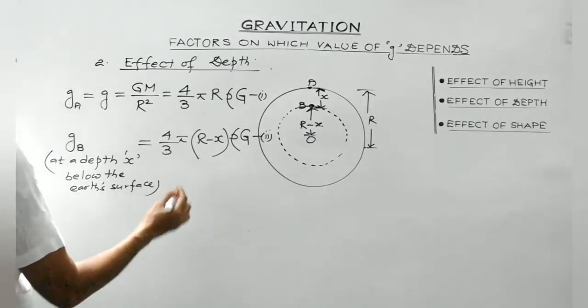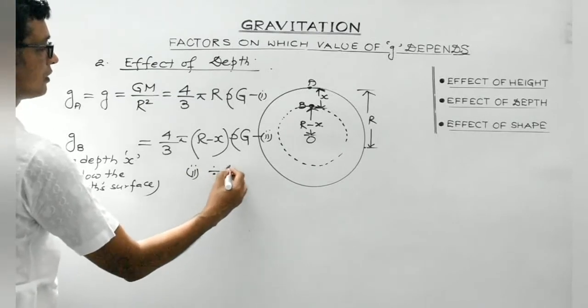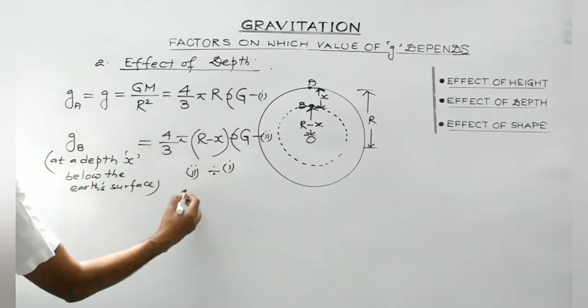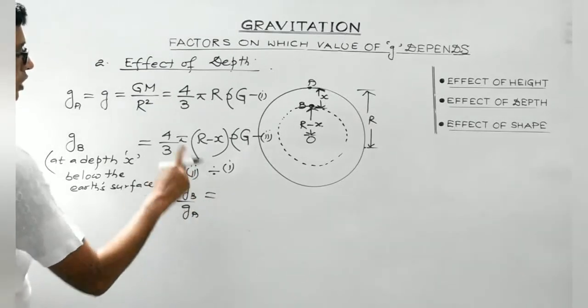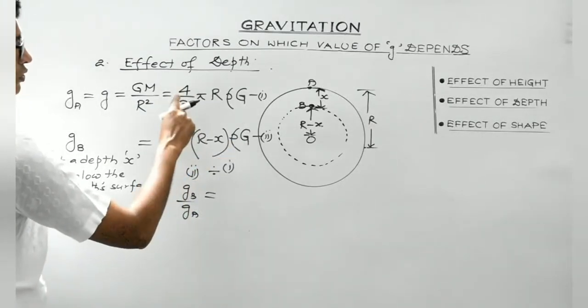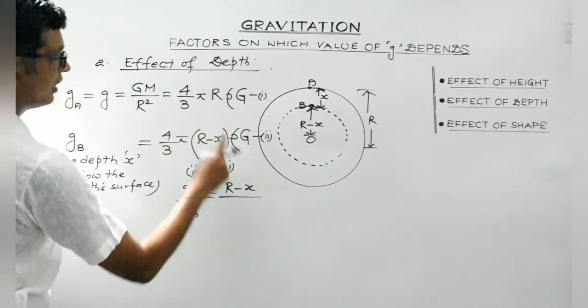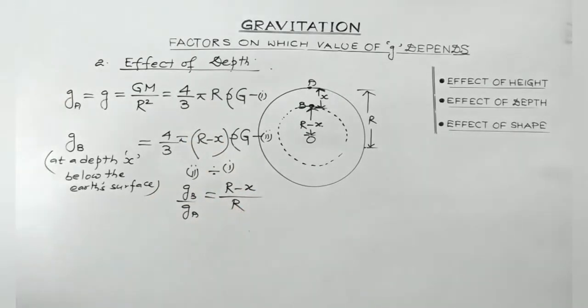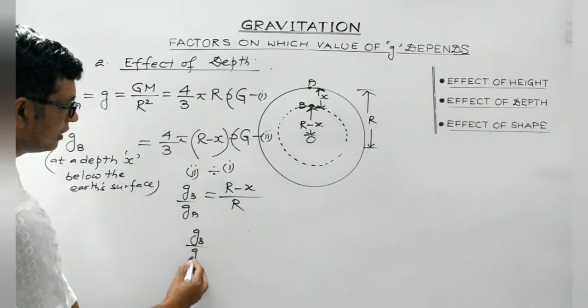So now, in order to compare these two, suppose we divide first by second. What we get is GB divided by GA. It is equal to 4 by 3 pi r rho G. It is common, so what is left is r minus x divided by r. So GB divided by GA.